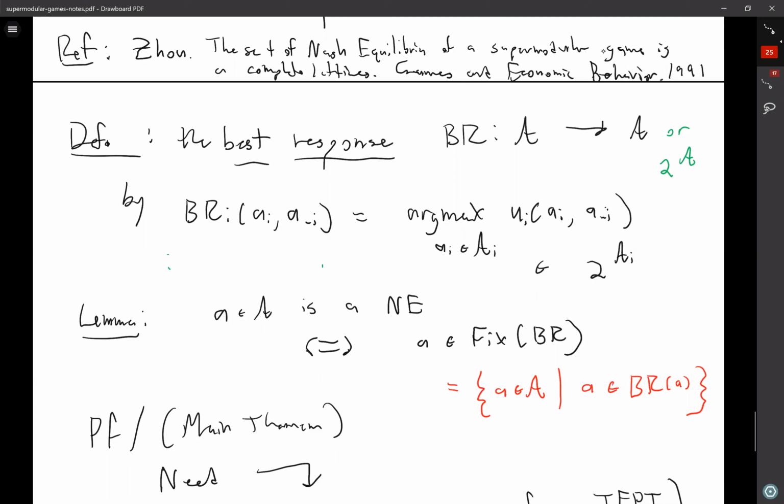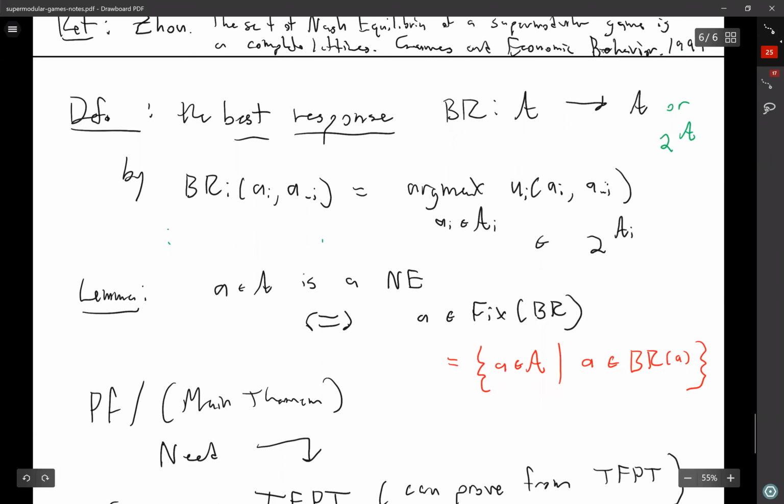And one thing to note is that given the structure of these utility functions, you may not have a single argmax, that you might have multiple strategies that maximize utility. So really this best response is a function that takes you from the strategy profile of the entire game to the power set, so all subsets of the strategy profile.